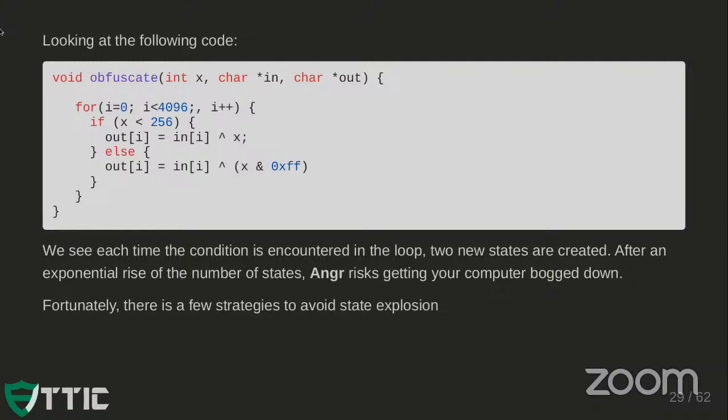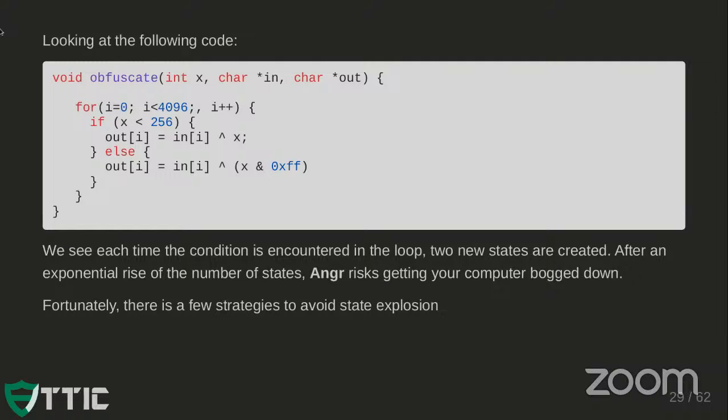So doubling the amount of state Angr has to keep track of, and the loop will go over like 4,000 times. So what will happen here is the machine will just crawl to a halt, and the CPU fan will be running.